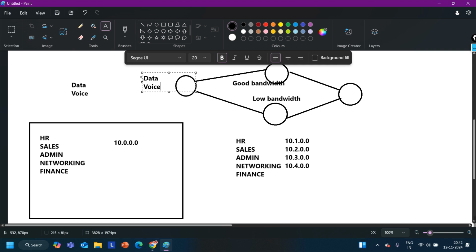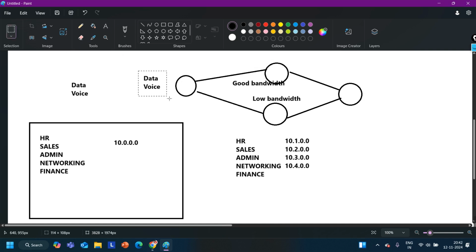So guys, here we can configure the lower path for the data traffic, like whenever a user is sending data traffic they will use the lower path, and whenever a user is forwarding voice traffic they will use the upper path.